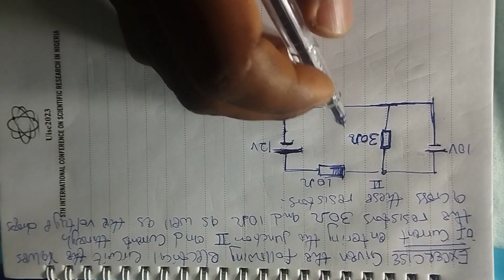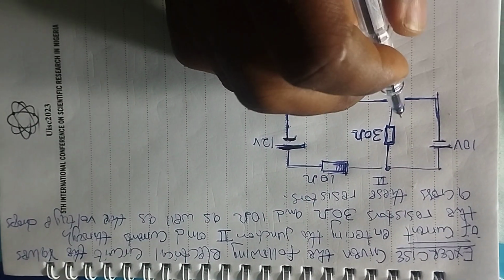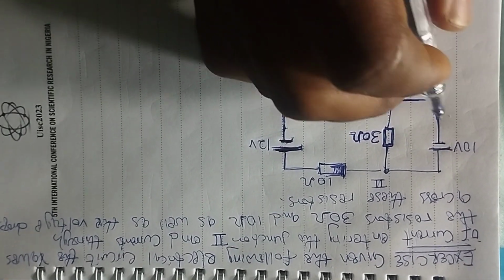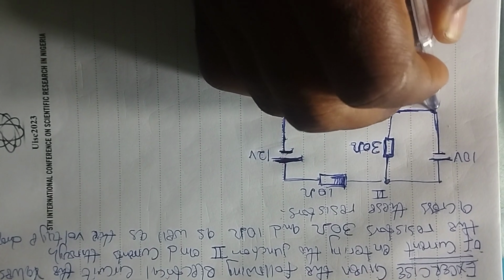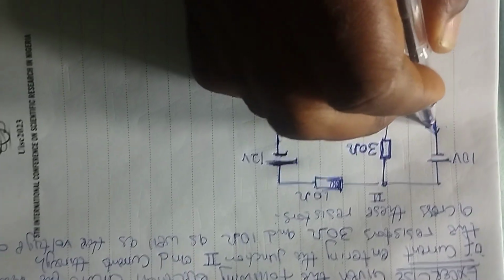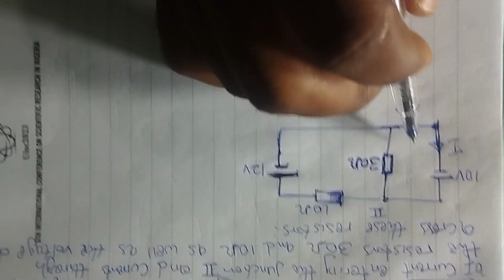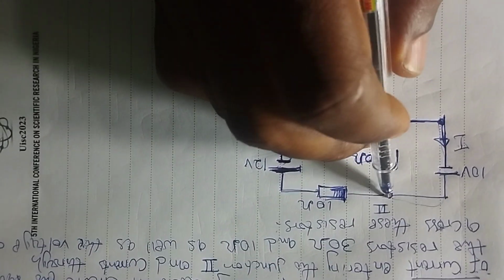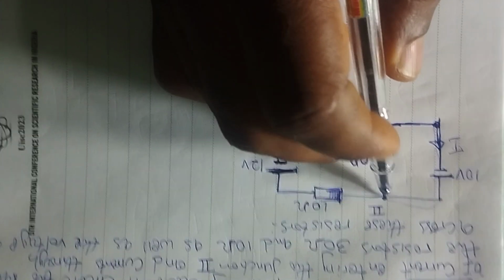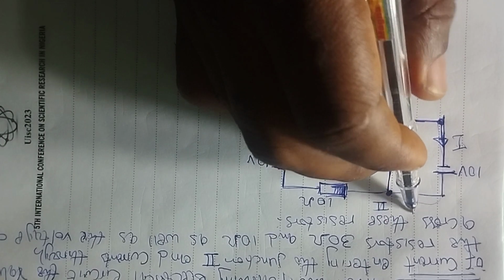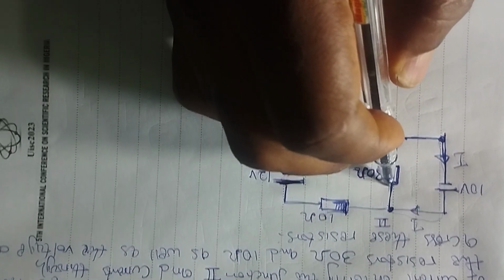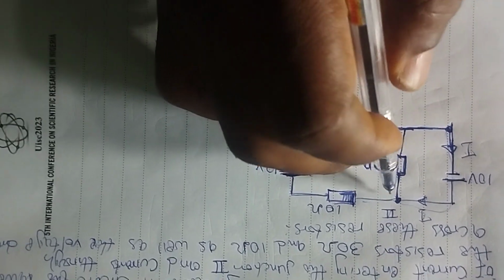Now, what we are going to do is this. According to Kirchoff's law, I'm going to start from here. Let me say the current I is moving from here. This current I will move and reach this particular junction. When the current I reaches this junction, it's going to break into two branches.